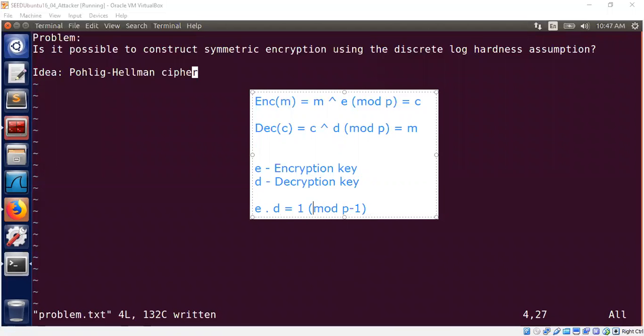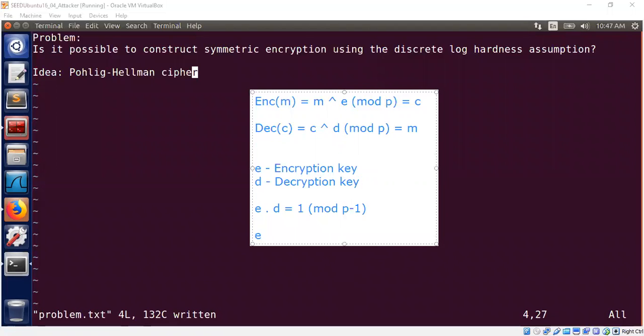Why is this needed? If this is true, we do know for sure E times D can be written as some constant K times (P minus 1) plus 1. This is the definition of the mod function anyway. So what can we do now when we do decryption?